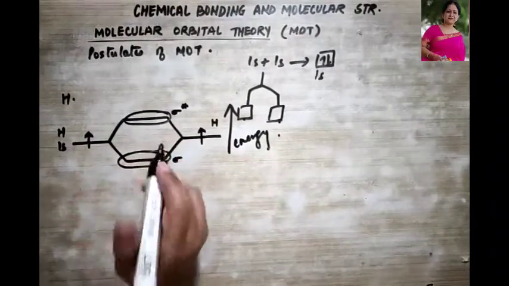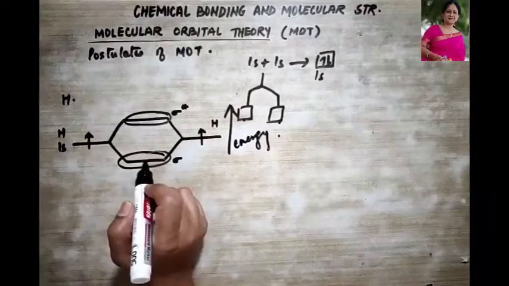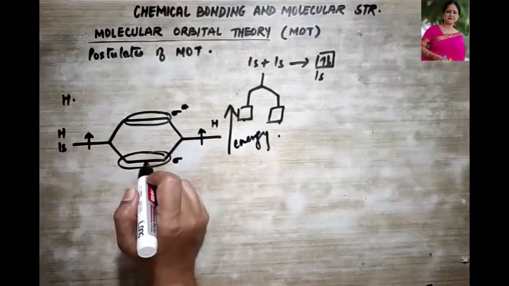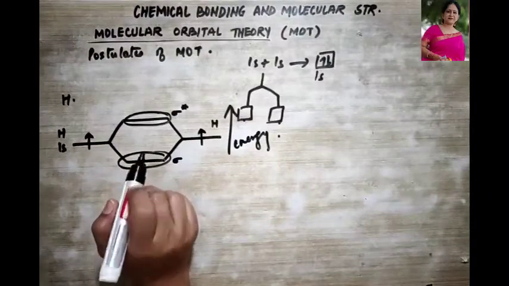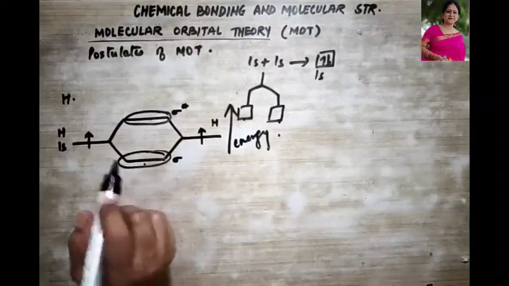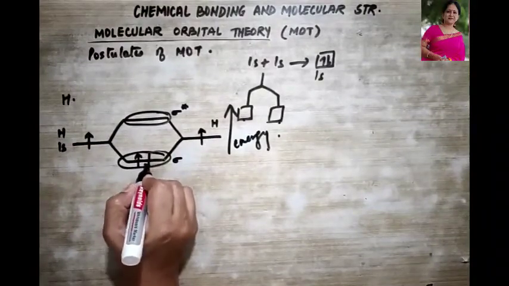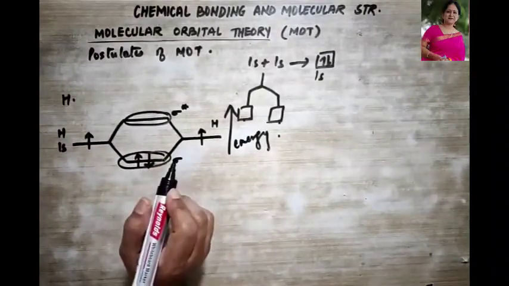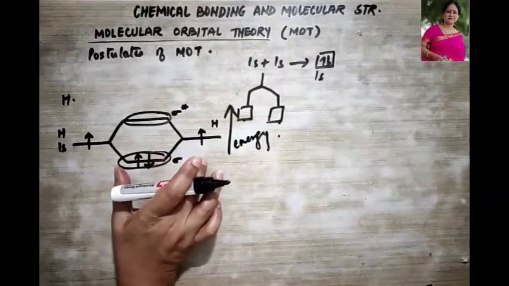The electrons first will move to the lower energy level, or the lower molecular orbital, or you may also say the bonding molecular orbital, which is more stable, and therefore these two electrons are going to move into this bonding molecular orbital. I hope this point is clear.